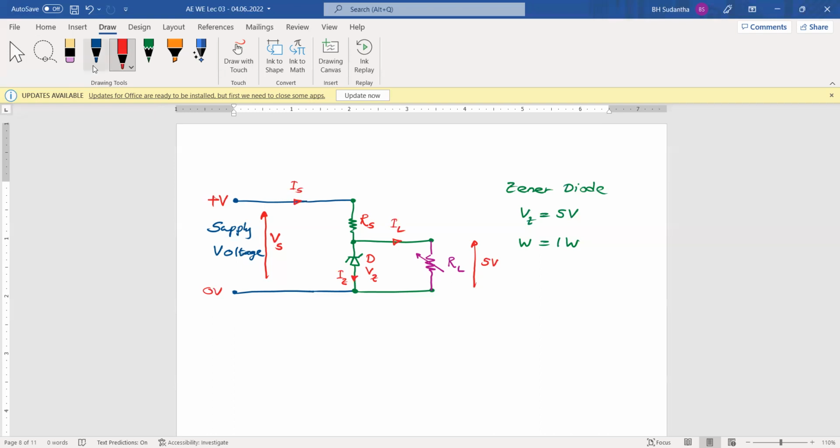Okay, we can write our first equation here. That is a very simple one. Then IS equals IZ plus IL. Is it okay? It's the normal Kirchhoff law. The total outgoing currents are equal to the total incoming currents. IS equals IL plus IZ.